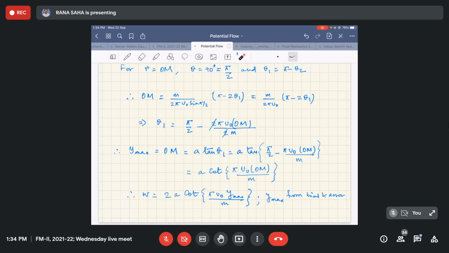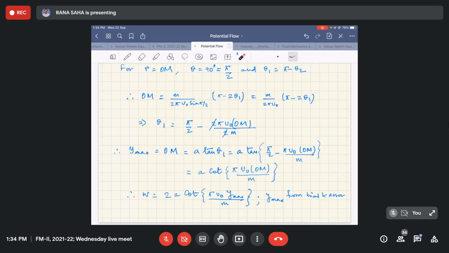So this is an equation where you have a variable which exists on both sides. Y max at the left hand side, Y max at the right hand side, or in terms of OM, if you look, this OM is here as well as Y max. Y max and OM both are same. So how to solve that? Numerical techniques you may use to solve so that you get the Y max value. Or else, if you want to do it by analytical means, this is what we call the trial and error method.